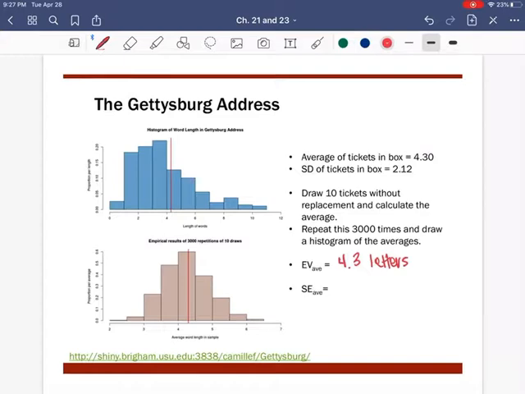If I were to take a sample, in this case a sample of 10, the SE is going to be 2.12 divided by the square root of 10. That's our formula, the standard deviation divided by the square root of the number of draws. Somewhere in here I have my calculator.